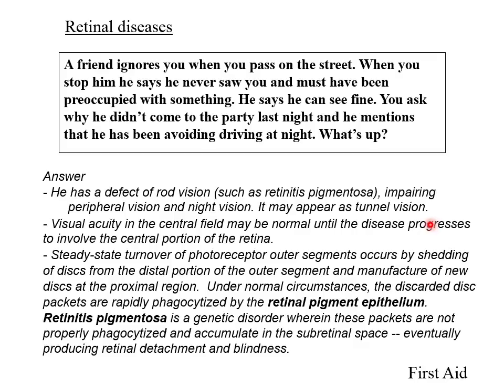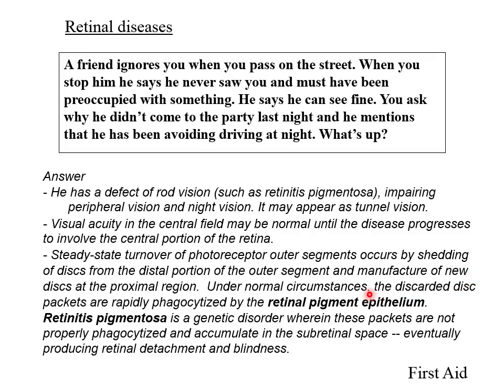The disease is associated with a steady state turnover of photoreceptors in the outer segments that normally occurs, and because light is hitting these photoreceptors, they're recycled readily. We shed those discs from the distal portion of the outer segment, and we manufacture new discs at the proximal region.